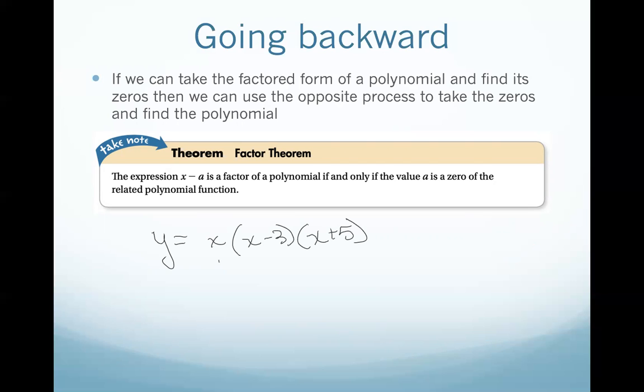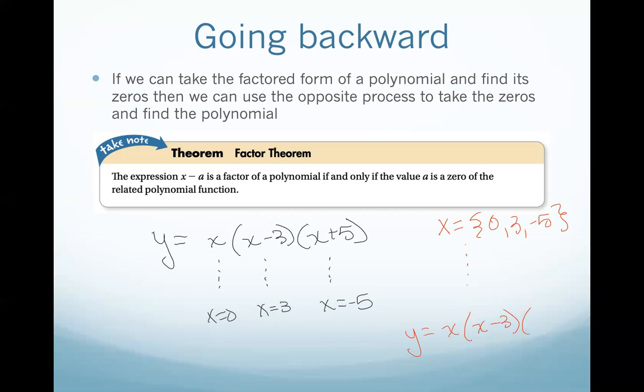And we found x equals 0, x equals 3, x equals -5. What we're going to do next is say if x equals 0, 3, and -5, what is the process to get to the point where I can say y equals x times x minus 3 times x plus 5?